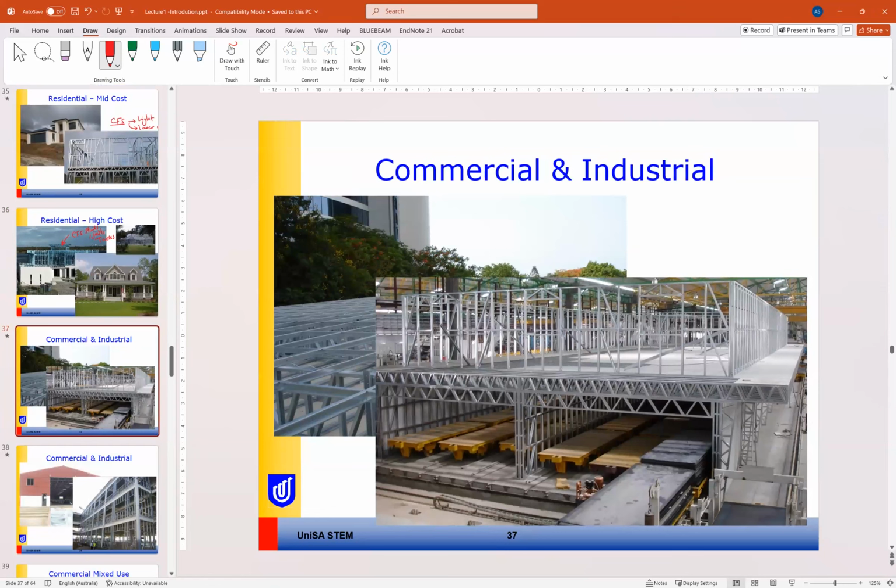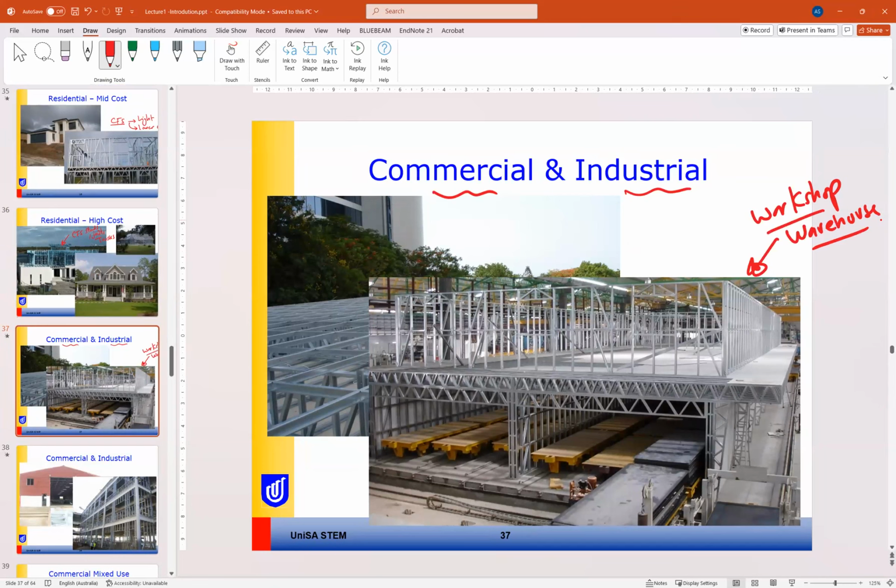In this one, we have commercial and industrial building, for example, a workshop, like a two-story workshop or warehouse. So it is also from cold formed steel, like we have cold formed steel truss, and we have studs, and we have bracings.